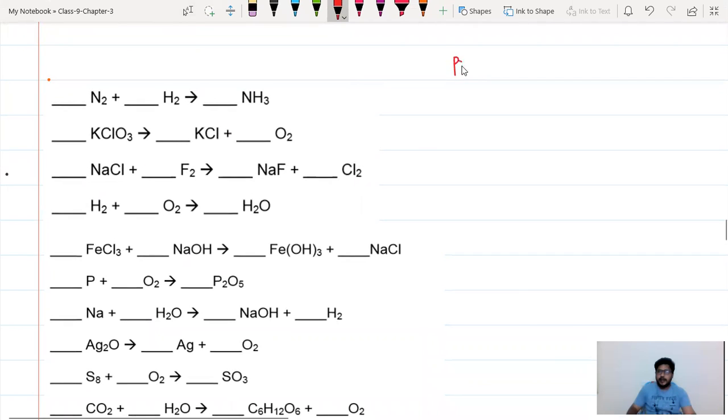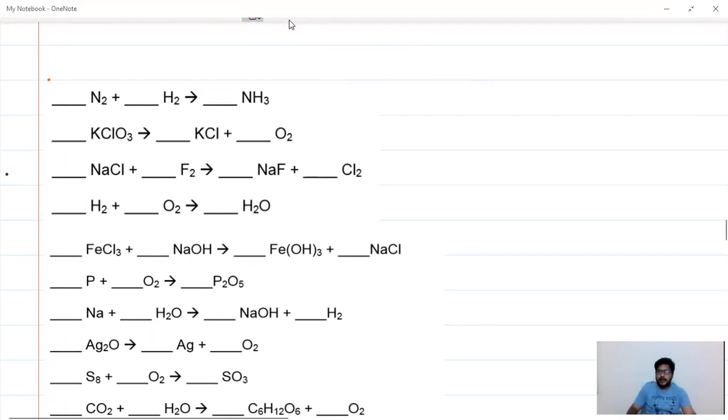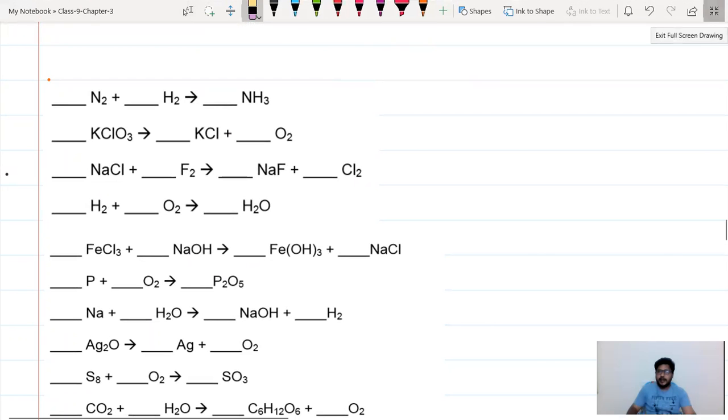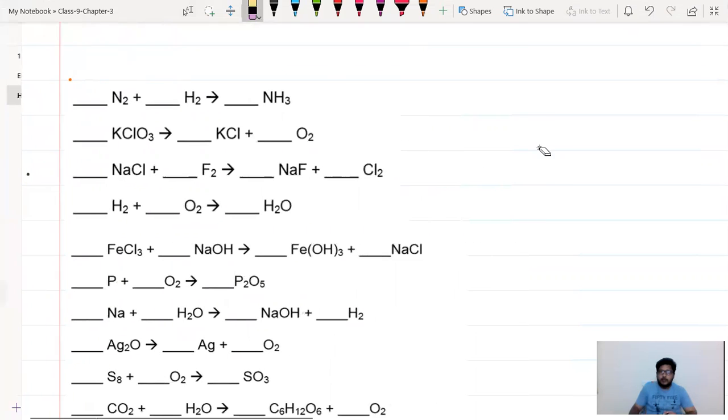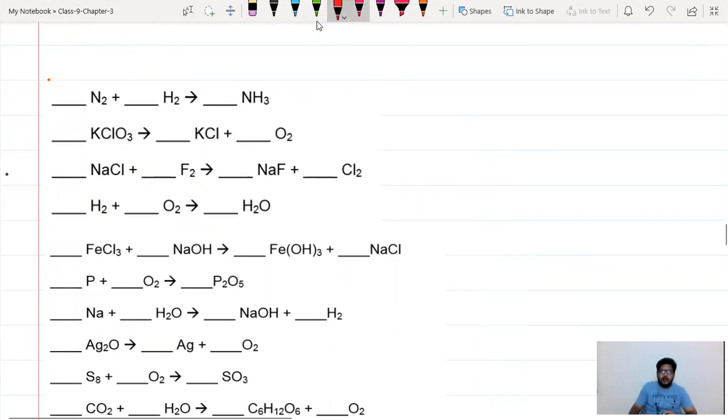First what we have to do, you have to mention here the reactant side, and here let us mention the product side.